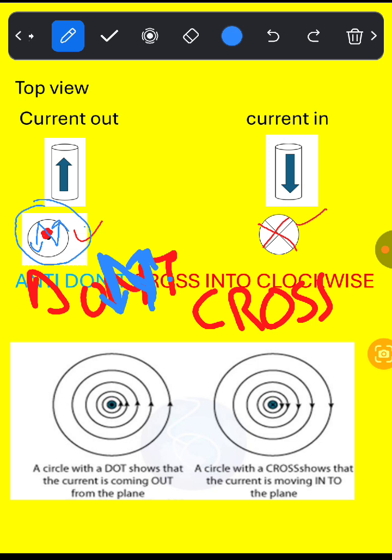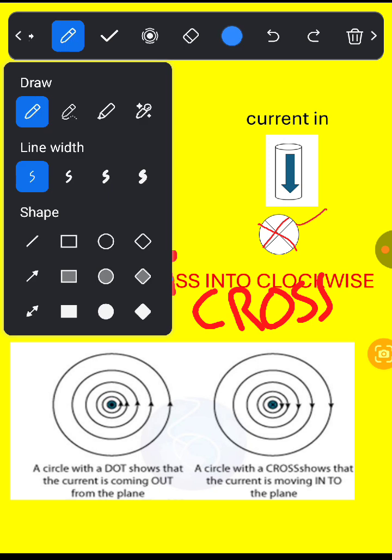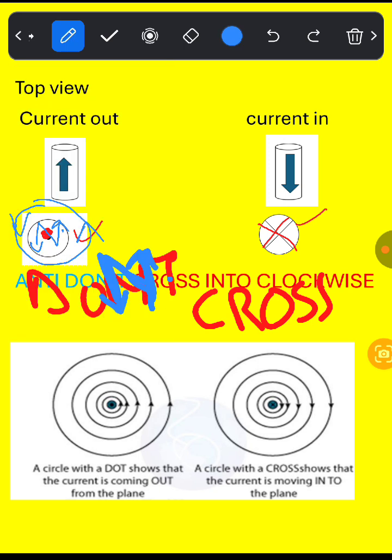So on the right, I'm going up, and on this side I'm going down. So the direction of the magnetic field is going like this.